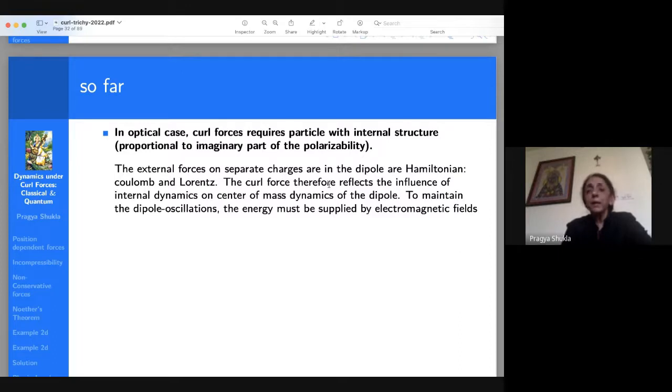However, the internal variable, that means P, while the center of mass, because of the other variable P, the center of mass is subjected to a curl force. Okay, because of the dynamics of the dipole moment P, the center of mass variable R is subjected to a curl force.